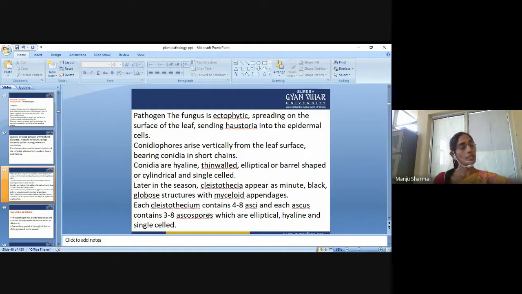Endophytic pathogens invade inside the plant tissues, get their nutrients, and make contact with internal organs. But this pathogen is ectophytic, spreading on the surface of the leaf, sending haustoria into the epidermal cells.